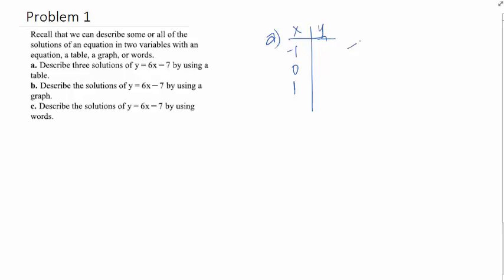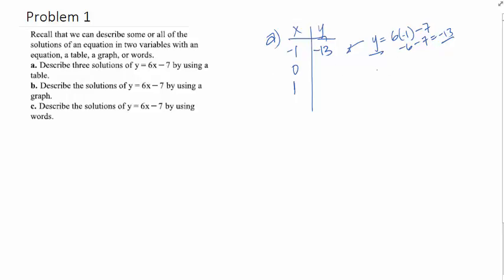So to get the y, for example, when x is equal to -1, what we need to do is put -1 in for x in that equation. So if we put -1 in for x here, we're going to get -6 minus 7, which is -13. And so your y is equal to -13, and that is the value that would go into the y.